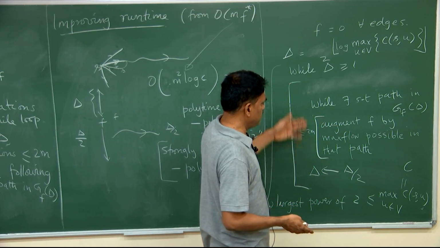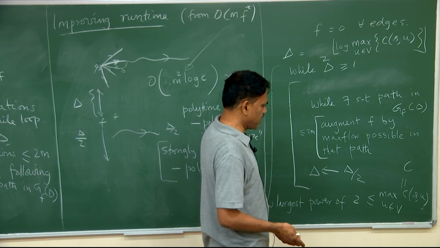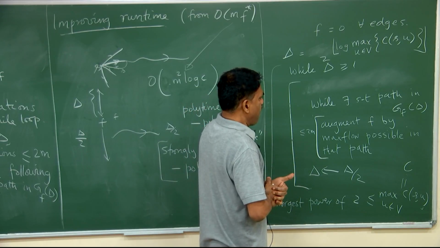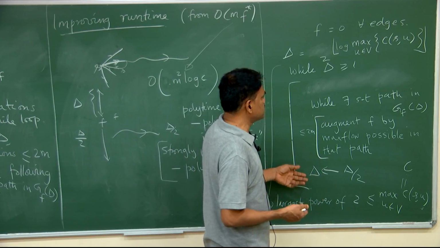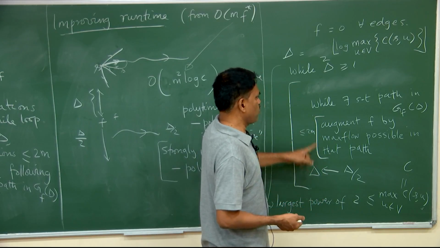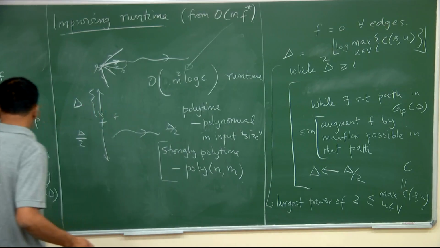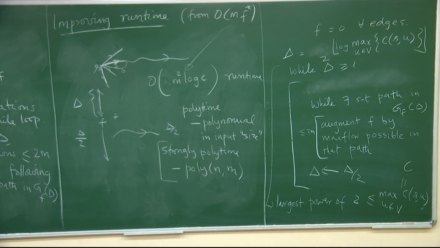When delta is 1 and you don't find a path, you get out, and the correctness follows. The number of times you're doing the scaling is log C, and the number of augmentations possible is at most 2m, because since you're augmenting by large numbers, you're pretty close to f star already at the end of one scaling.